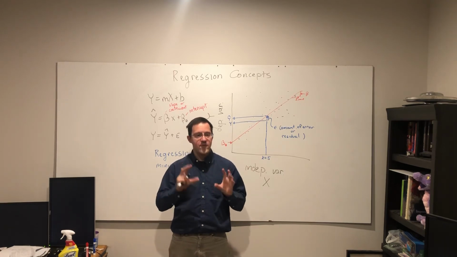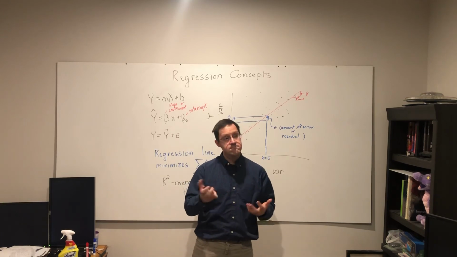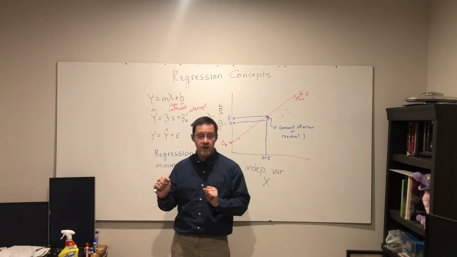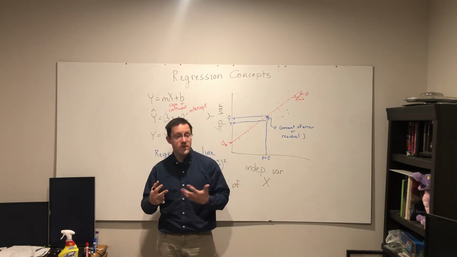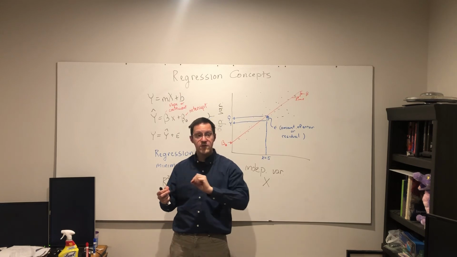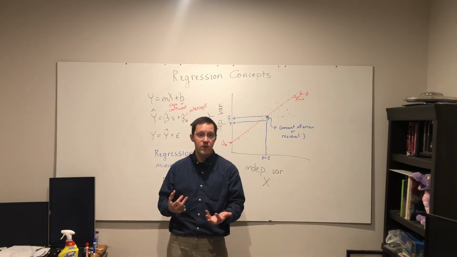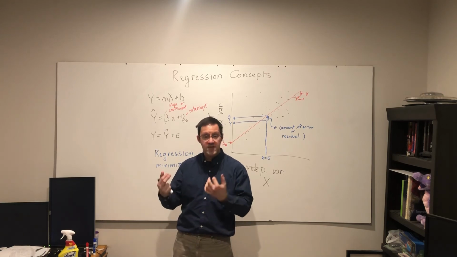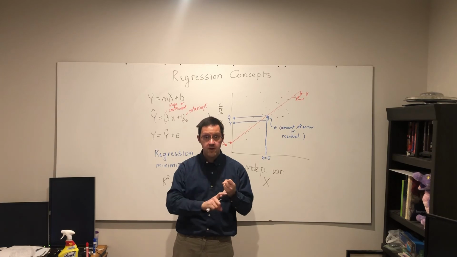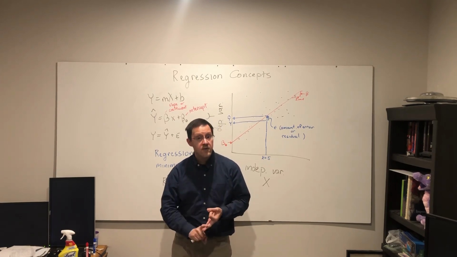Whether or not 50% is a good enough fit is up to you. We'll put a little more on this in the next video, when we put this into our inferential hypothesis testing framework and bring p-values into this discussion of the coefficient, the slope, the intercept, and R squared.